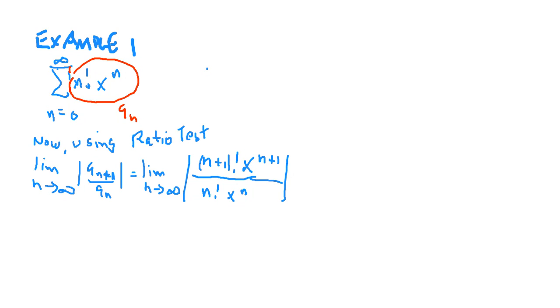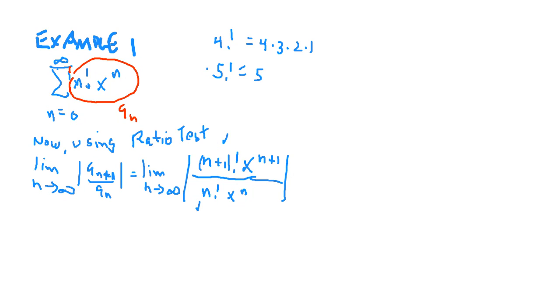So sometimes students have difficulty simplifying out factorials. Well, let's say you had 4 factorial. 4 factorial is 4 times 3 times 2 times 1. And then let's say you had 5 factorial, which is 1 factorial higher. Kind of like here when we have n factorial and n plus 1 factorial.